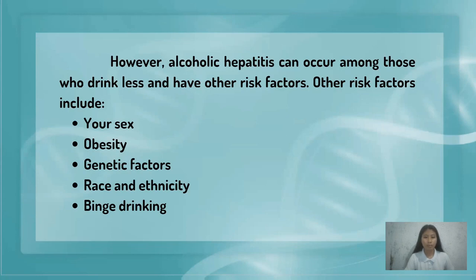Studies suggest there must be a genetic component in alcohol-induced liver disease, although it's difficult to separate genetic and environmental factors. Fourth, race and ethnicity. Blacks and Hispanics might be at higher risk of alcoholic hepatitis. Lastly, binge drinking. Having 5 or more drinks within 2 hours for men and 4 or more for women might increase your risk of alcoholic hepatitis.